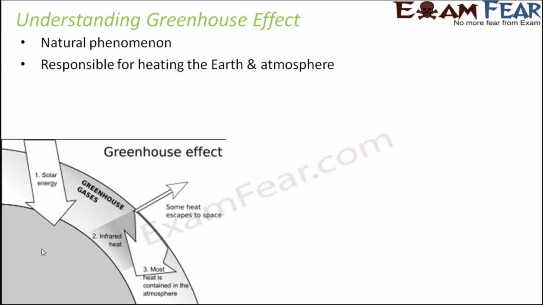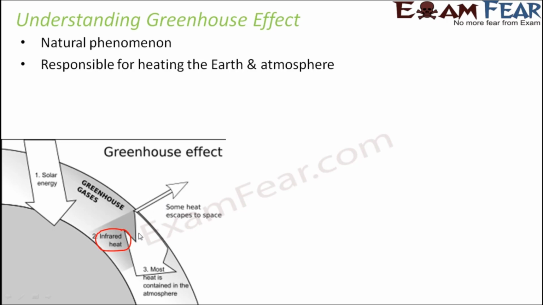Now, this solar radiation which reaches the Earth's surface reaches the land, ocean, etc., and heats them up. Now, when they get heated up, they release infrared radiation. So this infrared radiation which tries to get out of the atmosphere, what happens? All this infrared radiation is not able to escape into space.